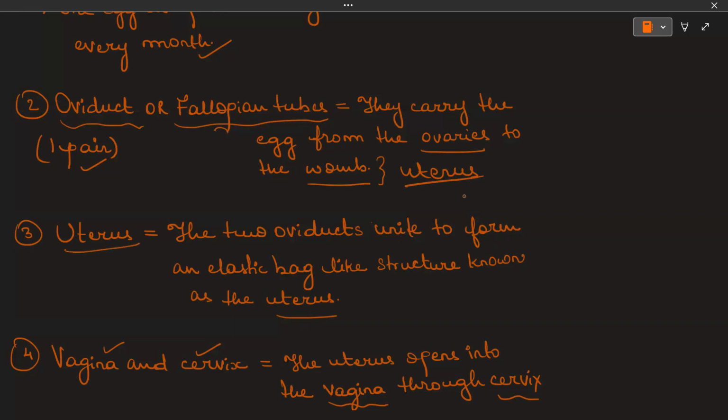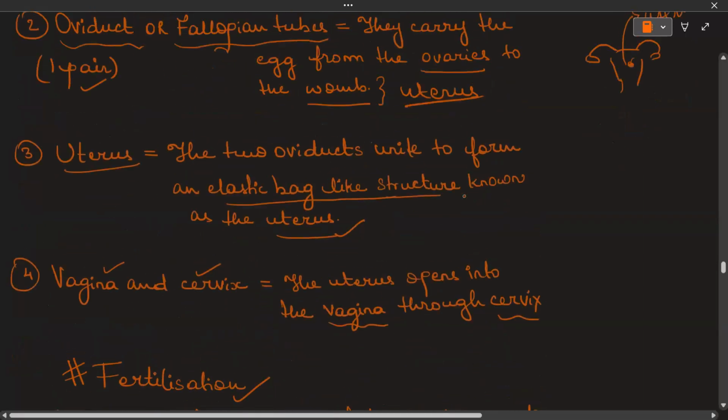The two oviducts unite to form an elastic bag-like structure known as the uterus. For example, if these two are the ovaries, a fallopian tube arises from each ovary, and the point where they unite will be the uterus. This is where the development of the fetus takes place.